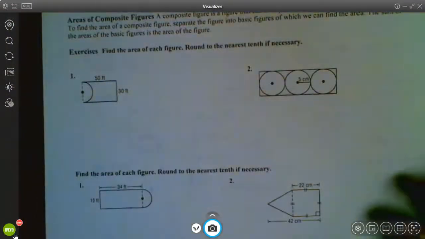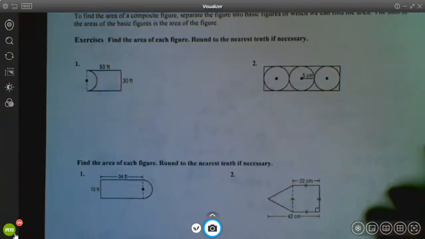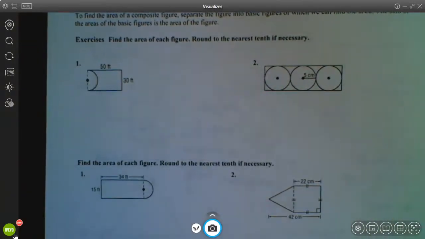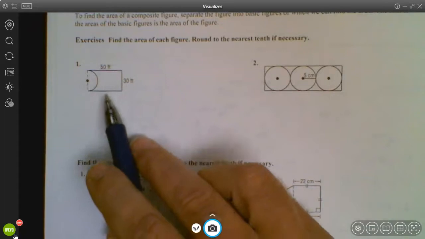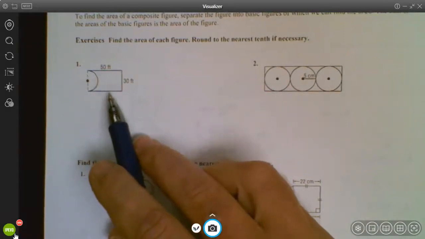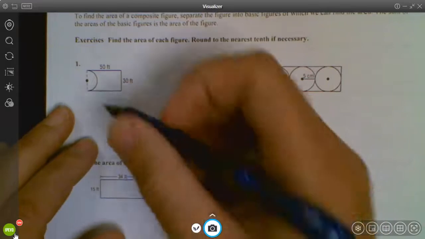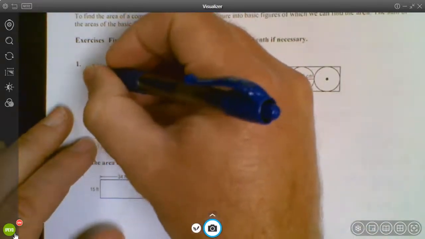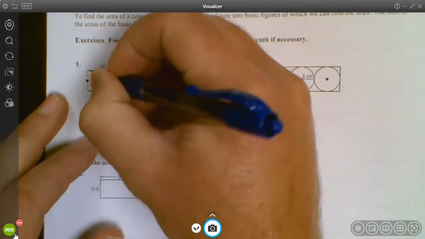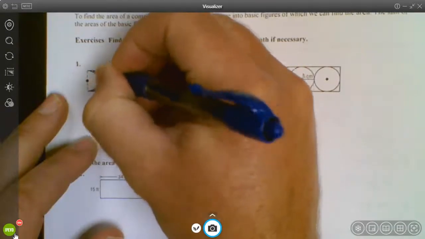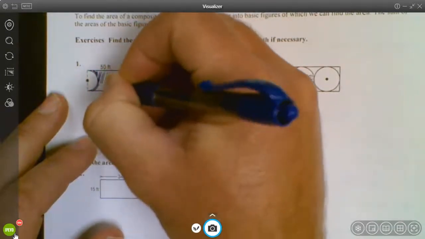And this is something that we have already seen a little of, but let me point out a couple for you. So we did some of this earlier in this chapter. What they're asking you to do on these guys is to find the area of the shaded region. Now I know this is a little unclear because it's a copy of a copy, but this is my shaded region right here.